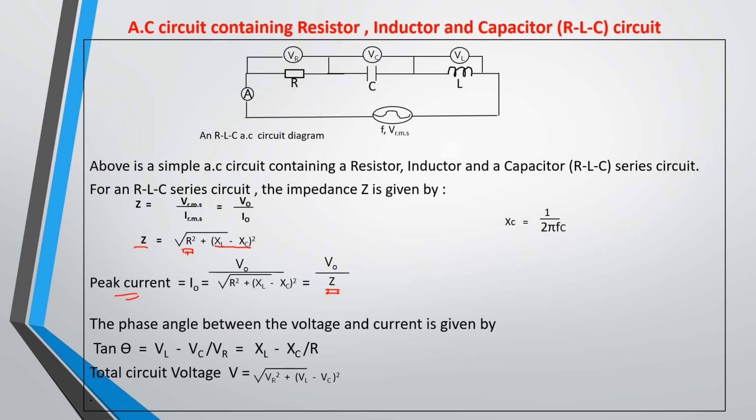Then the phase angle is equal to this, and the total voltage is equal to the square root of the square of the voltage in the resistor plus the square of the difference of the voltage of the inductor and the capacitor, and that is this. As I have always said, the important thing is for you to know how to apply this equation. So let us solve a problem now.